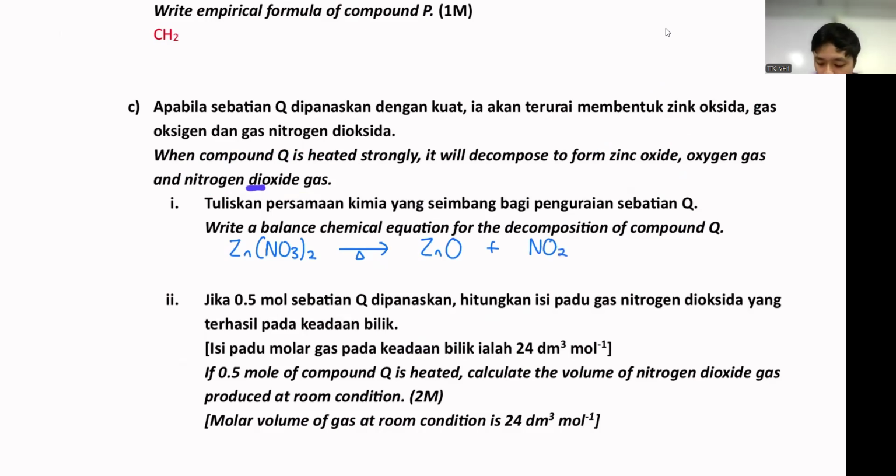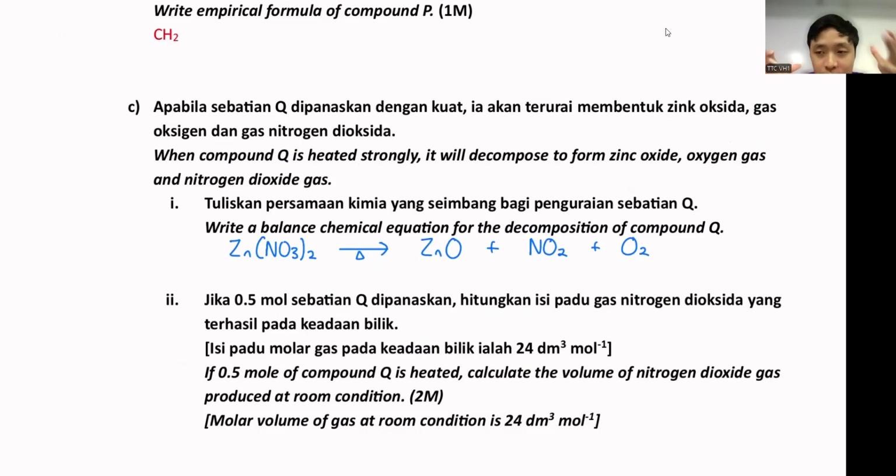Di means, remember, got 2 O. Dioxide means got 2 O. Nitrogen dioxide means NO2. And one more thing, which is the oxygen gas, O2. Remember that, O2, oxygen gas.